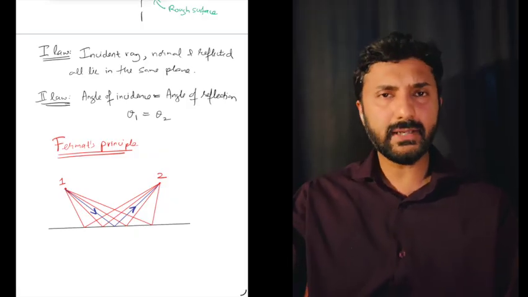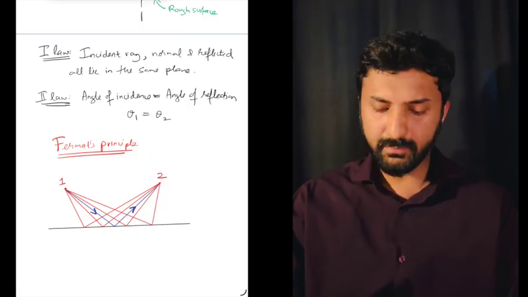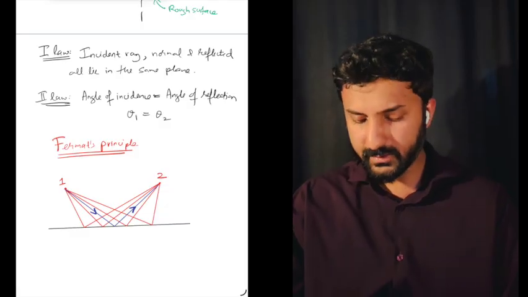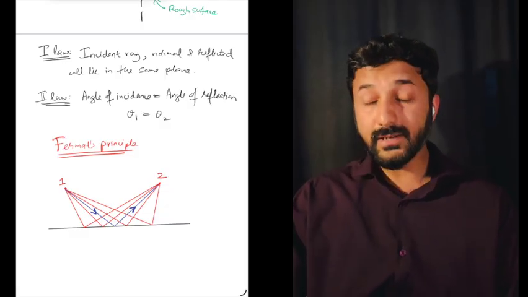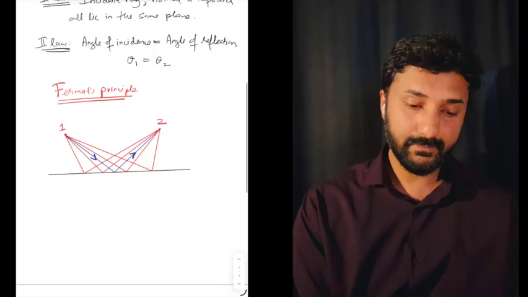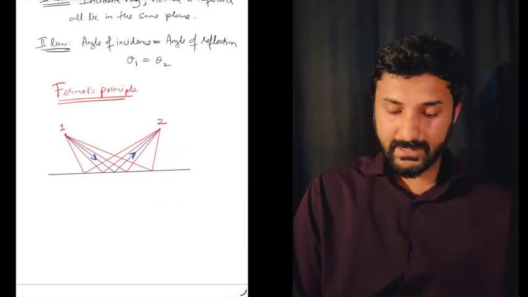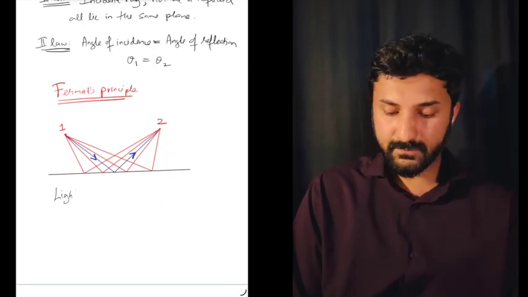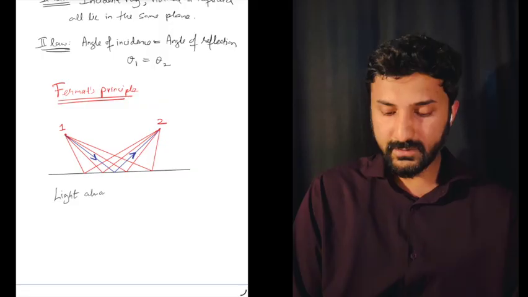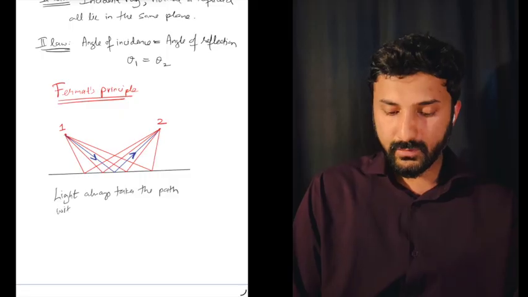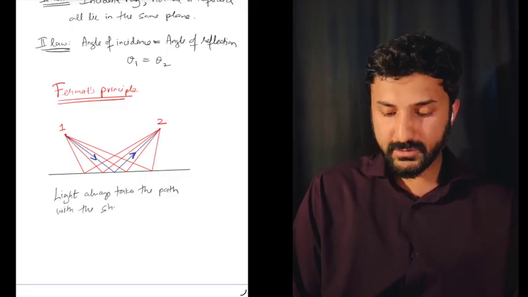And of course, in this particular case, it happens that the quickest path may also be the shortest path. But we are interested in the quickness, the time. So what Fermat's principle says is that light always takes the path with the shortest time.